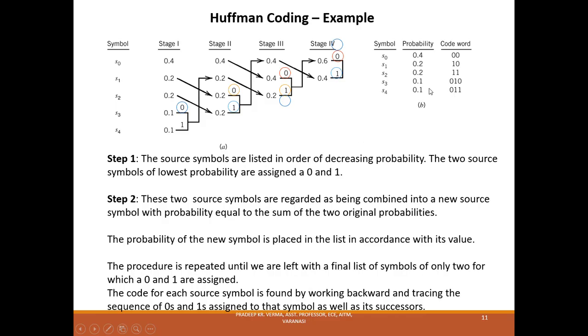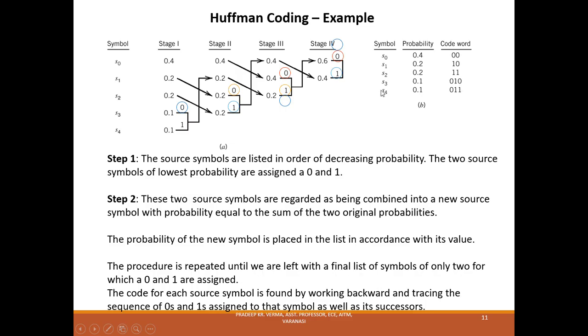So as we can see in this coding technique, the most probable symbol, that is the symbol with highest probability of occurrence, will be assigned the least number of bits in the code word, and the symbol with least probability will be assigned a code word with the maximum number of bits.